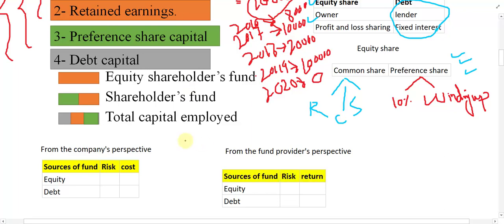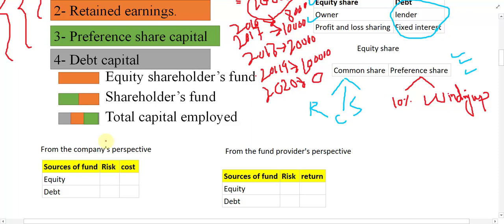Good. Now, if we consider the cost of fund or source of fund, in the previous chapter we discussed more risk, more cost. Sometimes the cost of this one is more, the cost of this one is less, the risk of this one is more, the risk of this one is less. So students get confused about why there is more risk, more cost, more return.